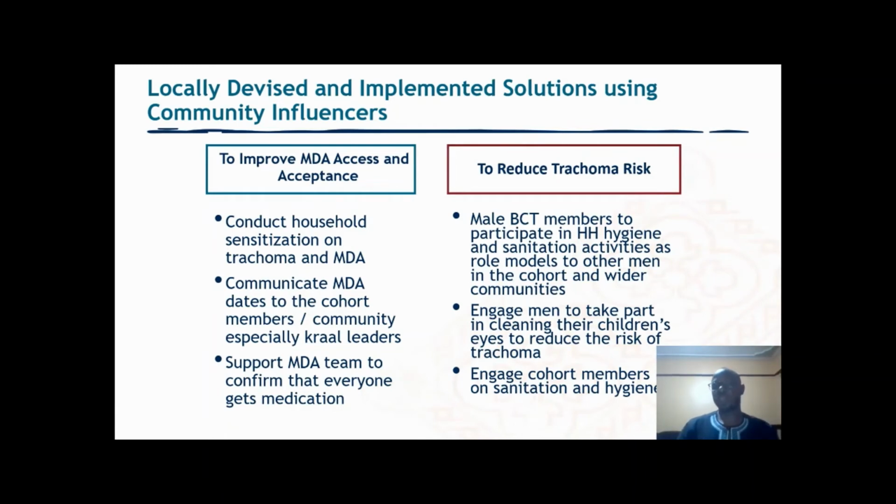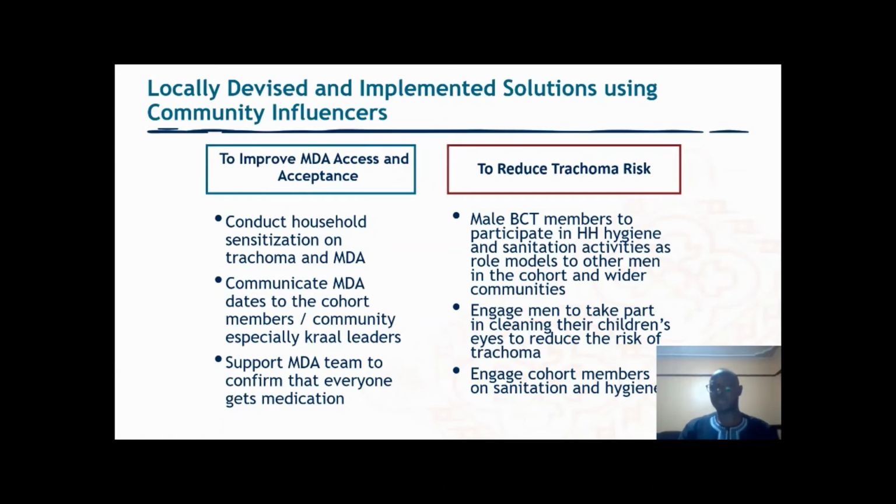In addition to implementing these solutions to promote access and acceptance of MDA, the influencers also wanted to deal with the underlying causes of persistent transmission of trachoma in their villages.